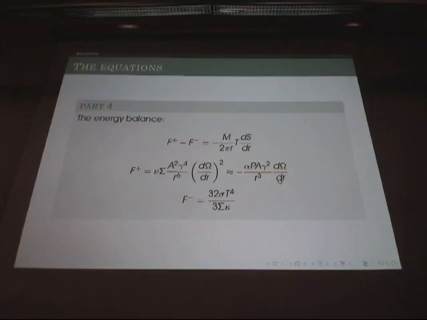So as you see, the disk thickness is increasing, and beyond 10 gravitational radii, the H over R ratio is almost constant. We see the distribution of the surface density, as well as the central temperature and the flux.